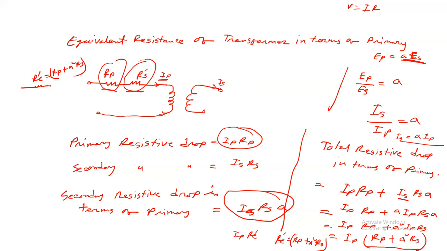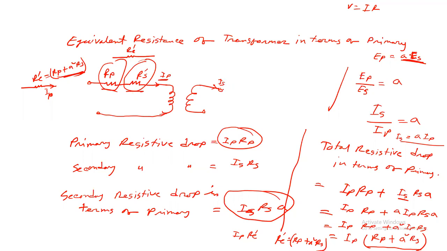And this current is IP. These two are equivalent to one, named RE single prime. RE single prime means primary resistance plus A square times secondary resistance.